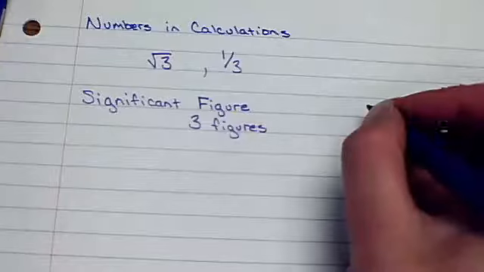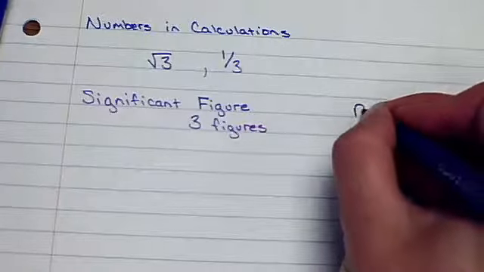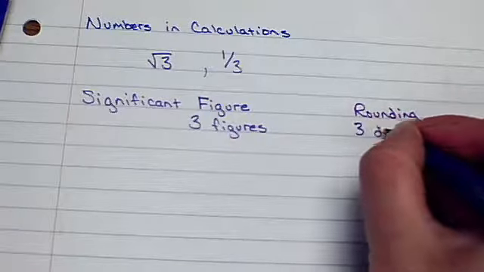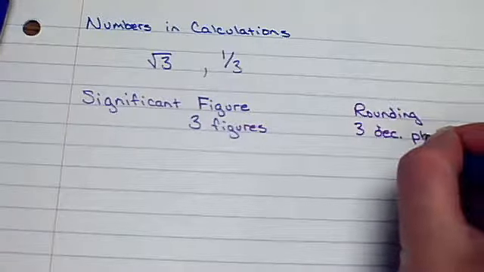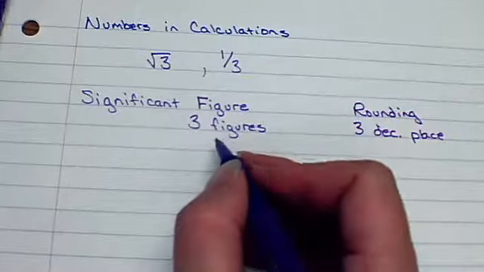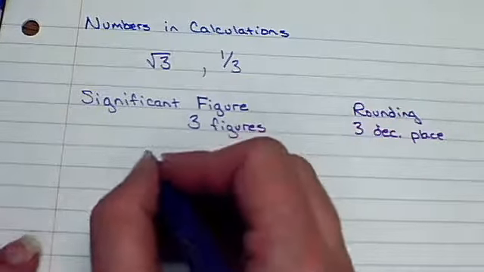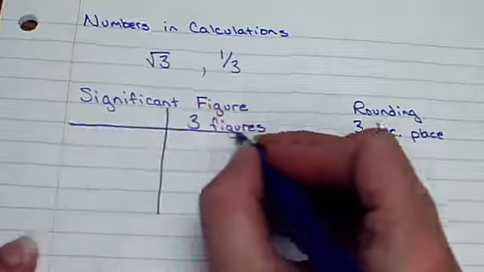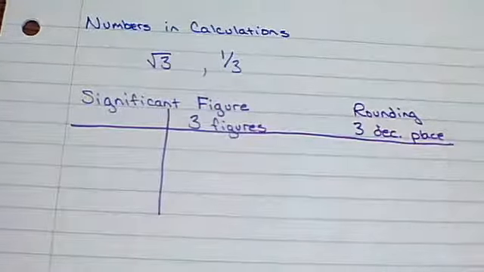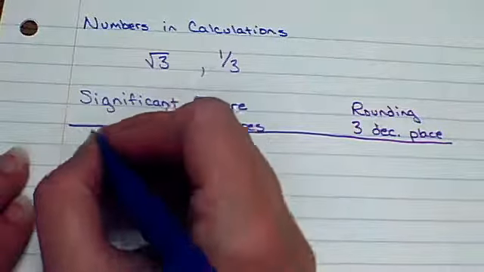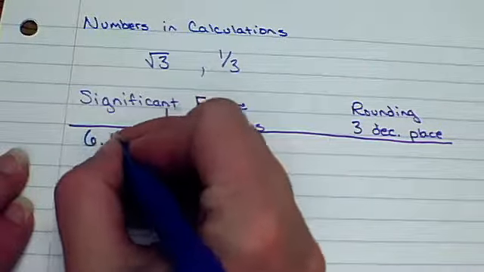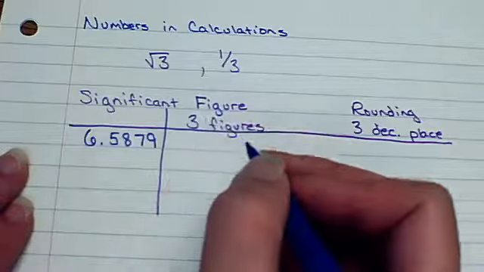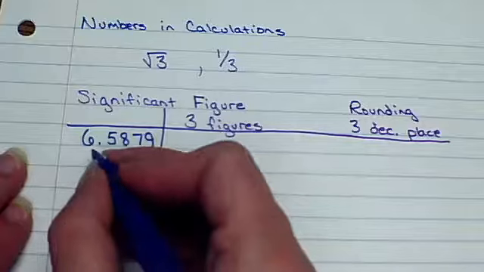So let's look at the difference between rounding to 3 decimal places and 3 significant figures. So I'm going to take a few numbers here and we're going to talk through this. So let's look at the number 6.5879. 3 significant figures means I need to start here.